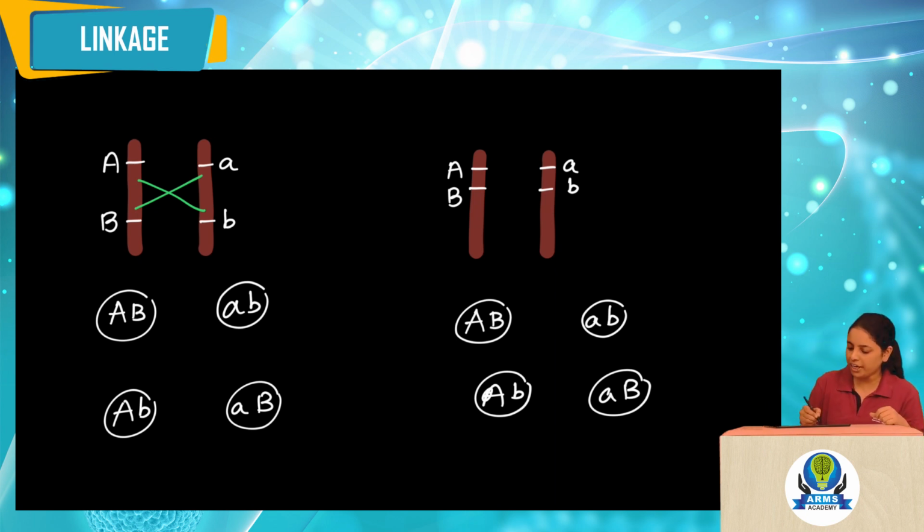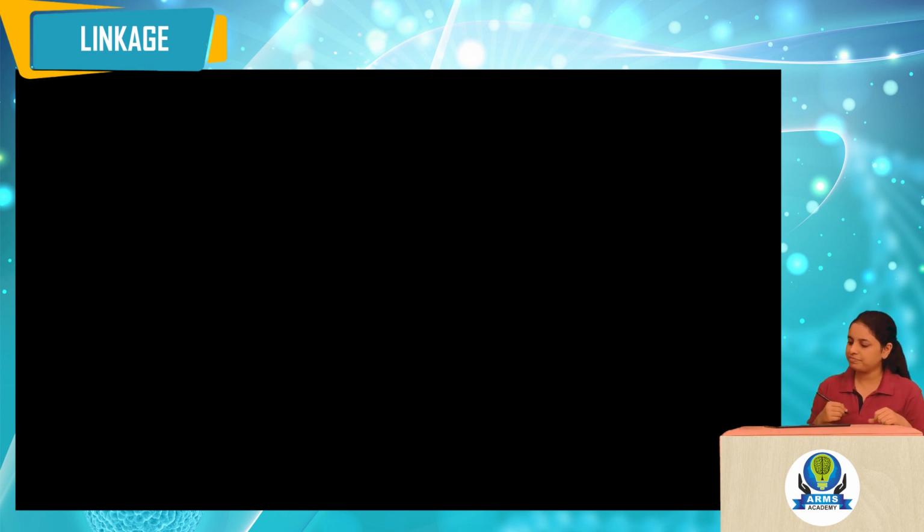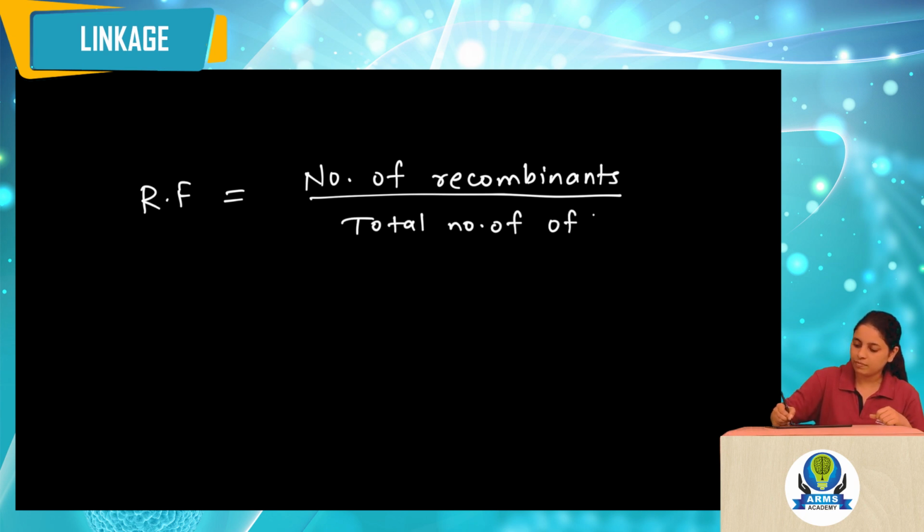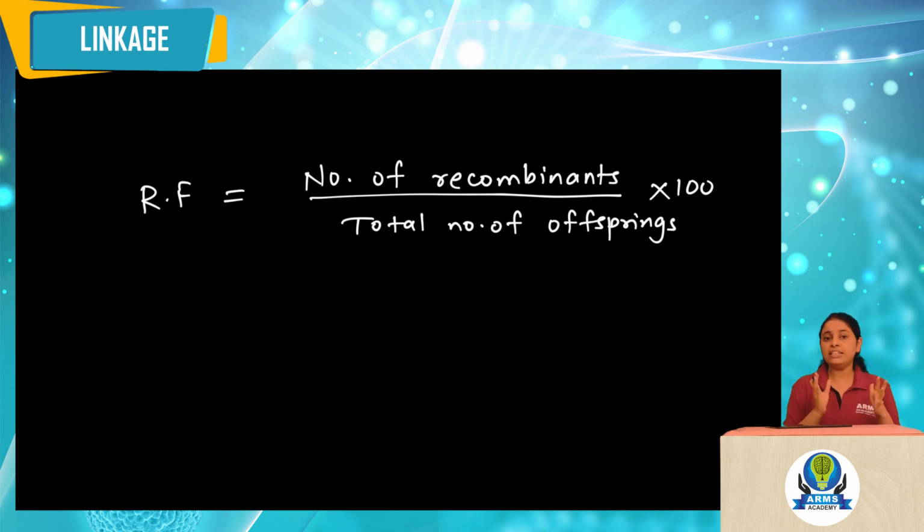The formula for recombination frequency is: recombination frequency is equal to number of recombinants divided by the total number of offsprings into 100. That means we represent recombination frequency in percentage.